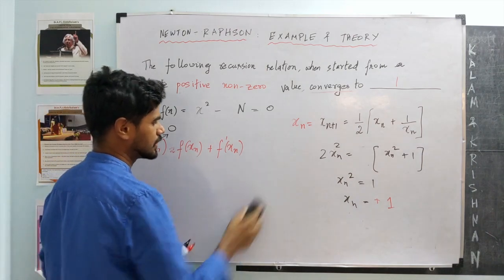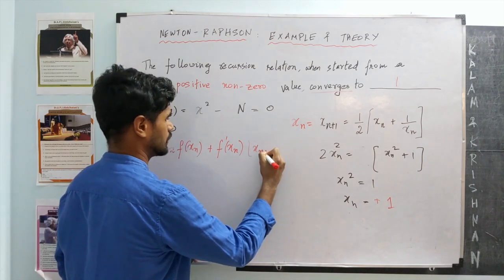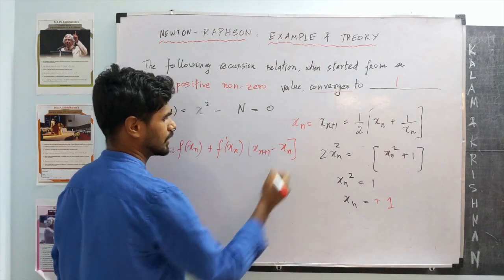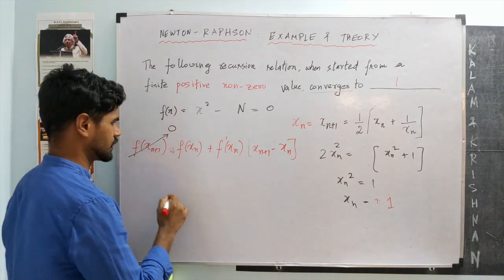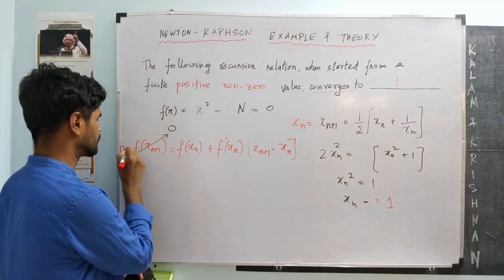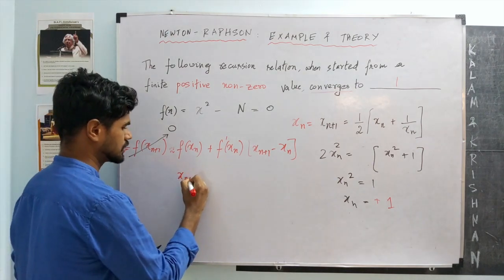What is delta x over here? Delta x is x n plus 1 minus x n. So from this, let's write the new value of xn plus 1. On this side we have 0, that's the condition that we are trying to solve for. So xn plus 1, just solve for this.